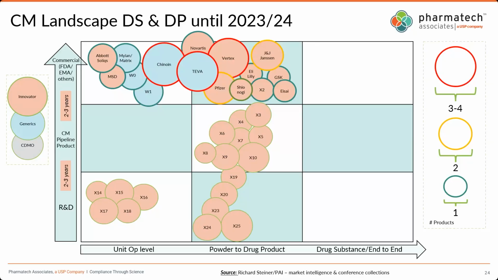And once they get the first pipeline products, they move up to the group of those who have already successfully marketed some. And the blue is generics. So you see generics here and there, and this has mostly specific reasons if you look closer at these generics.